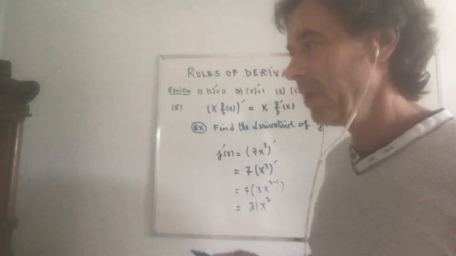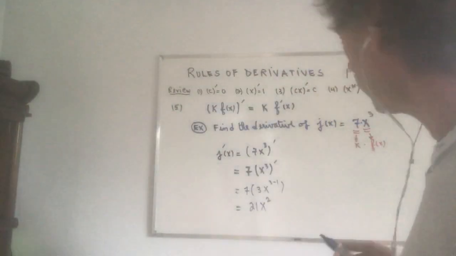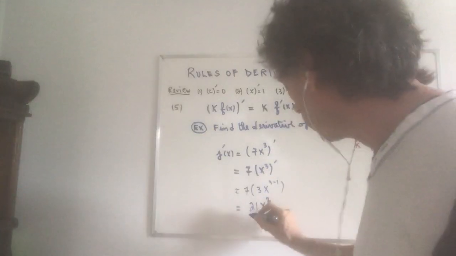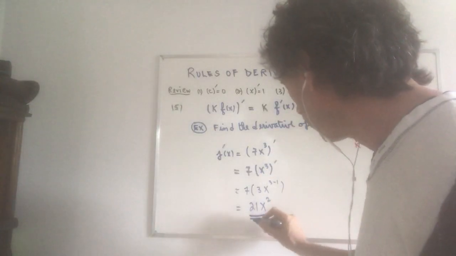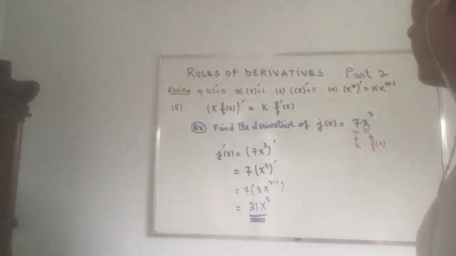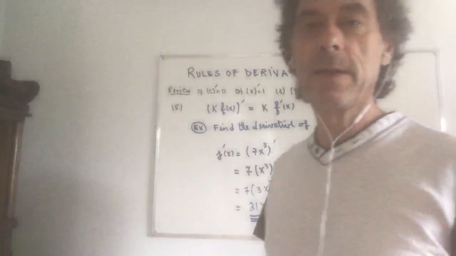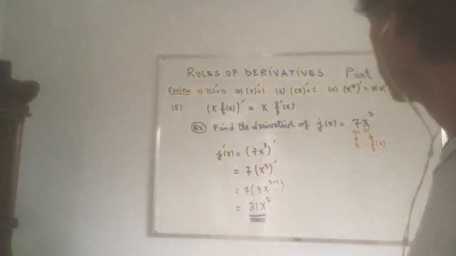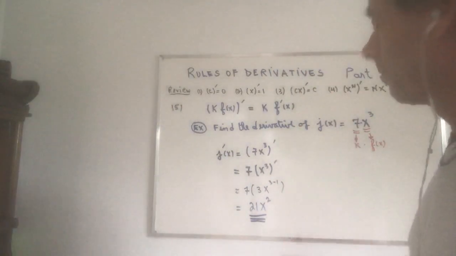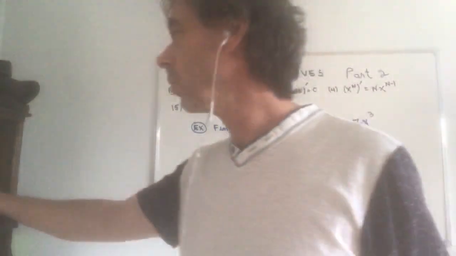That would turn out to be probably a messy derivative to take. But this rule brings us to the answer right away. And then basically we can just conclude that the answer is 21x^2. Good. Okay, so that's how the rule goes.